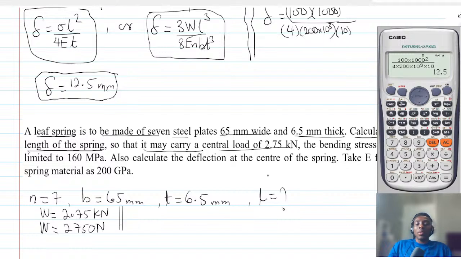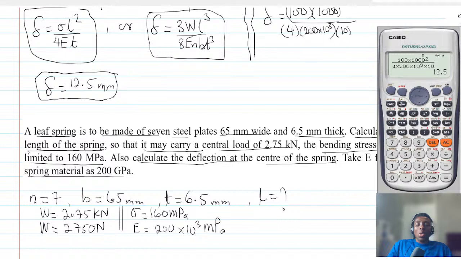And then the bending stress being limited to 160 megapascal, so sigma is 160 megapascal. Also calculate the deflection at the center. Take E, so E is 200 times 10 to the power 3 megapascal.